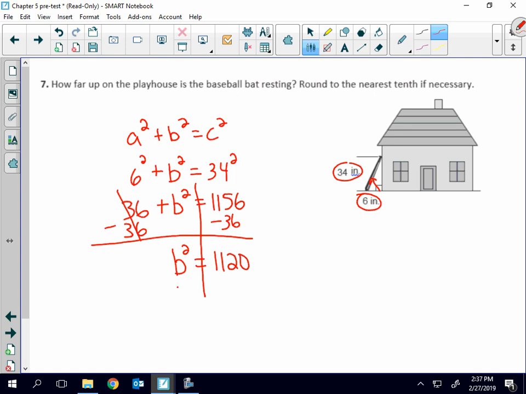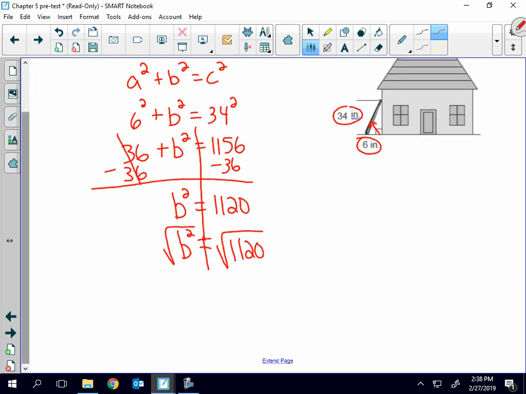And now to get b by itself, I need to square root it. If I square root one side, I have to square root the other side. So b is the square root of 1120. Let's do that one together too. The square root of 1120 is 33.4664, blah, blah, blah. We're rounding to the nearest tenths, as it said in the directions.